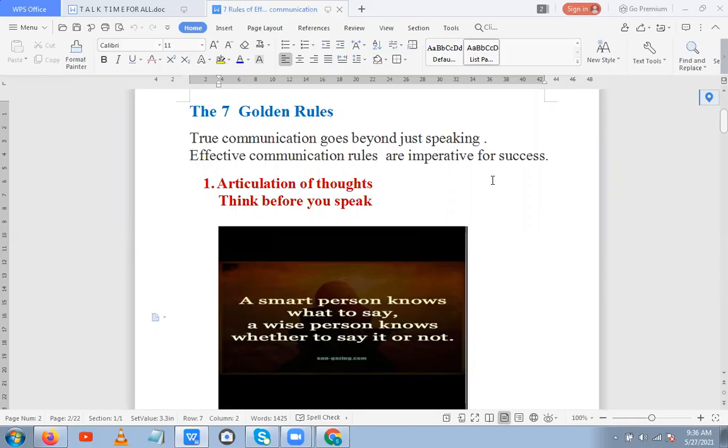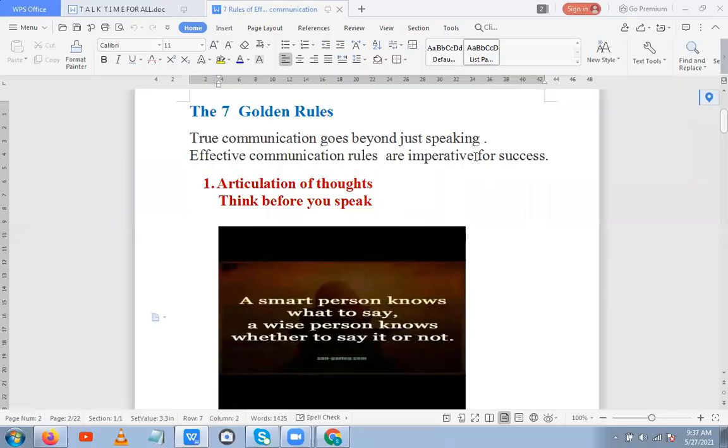Imperative means important. It is imperative that you listen. It is imperative that you listen for understanding, listen for making presentations, listen for knowledge. It is important. It is imperative.